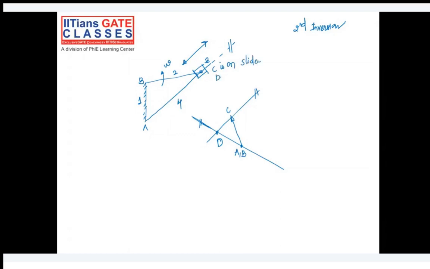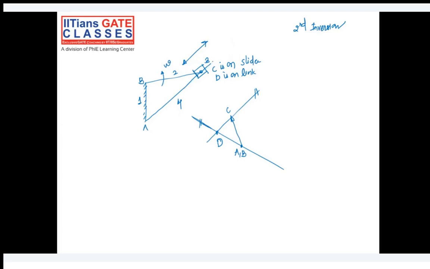I would write it like this to make it clearer. What I was saying is that the slider C is sliding on link AD, in this direction.